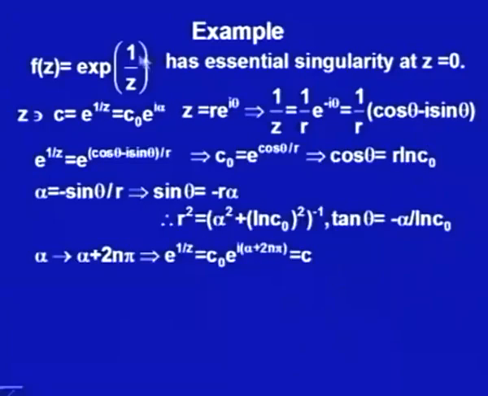That is how this function will behave as r goes to 0. In that neighborhood I would find infinitely many points for which this is happening. For each n I would get a different r. What will happen to θ? θ is −α plus 2nπ. That won't change, you can check it.